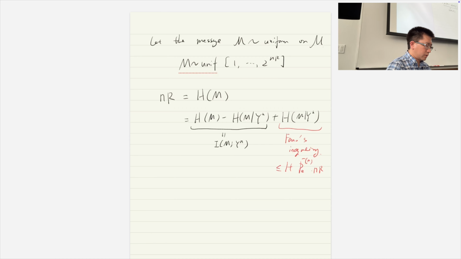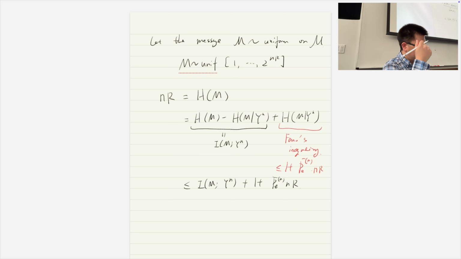Now we can have something nice. So this will be less than or equal to the mutual information between this and that, plus 1 plus n times P_e^(n) times nR.